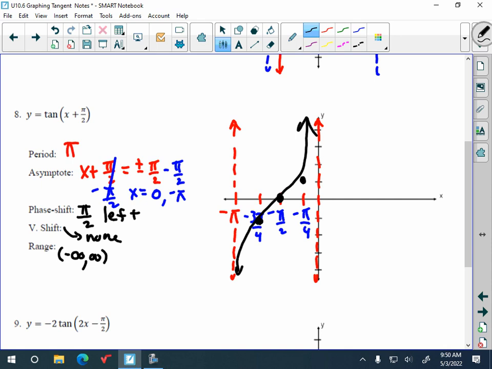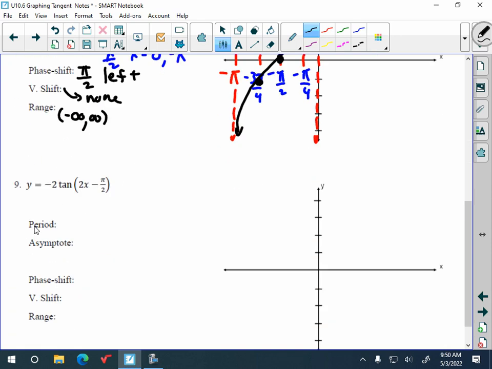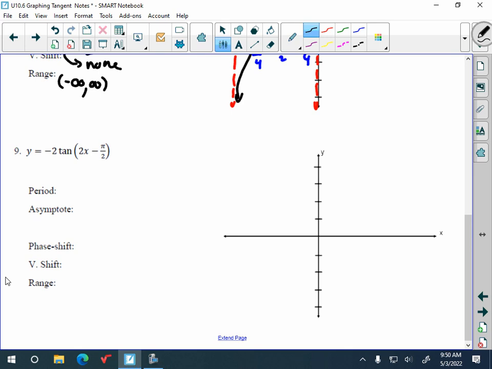All right, so let's do this last one. The period, pi divided by 2, is pi over 2. Our asymptotes, we're going to set at 2x minus pi over 2 equal to plus or minus pi over 2.